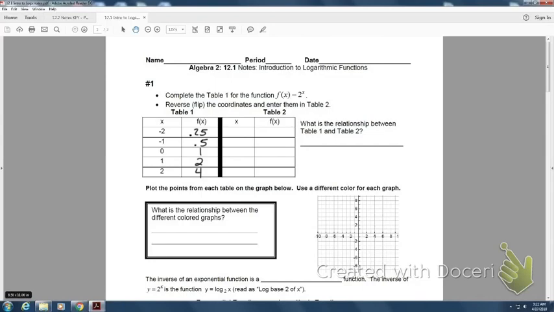So, like I was saying, the log is the opposite of exponential, or it is the inverse, which if you remember, whenever we talked about inverses and we were dealing with the table, all we had to do was we made the y's the x's and the x's the y's.